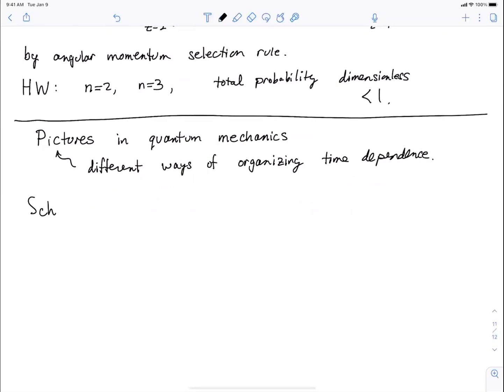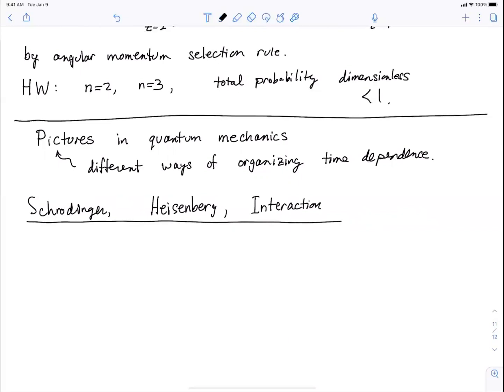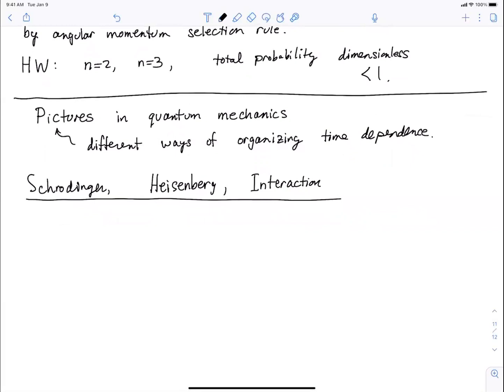There's the Schrodinger picture, and there's something called the Heisenberg picture. And the one that we're really going to find useful is called the interaction picture. But all 3 of those have too many letters. And so I will typically abbreviate them by S and H and I. I is also known as the Dirac picture.